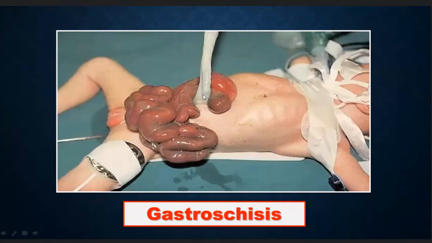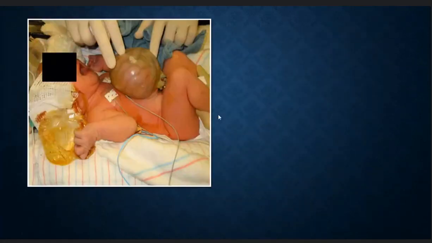You can see this is the umbilical cord, normal, and the protrusion here is from a defect in the abdominal wall to the right of the umbilicus. شرحنا بالجراحة إنه 100% intestine. 100% intestine. Yes, you are right. In gastroschisis only intestine.